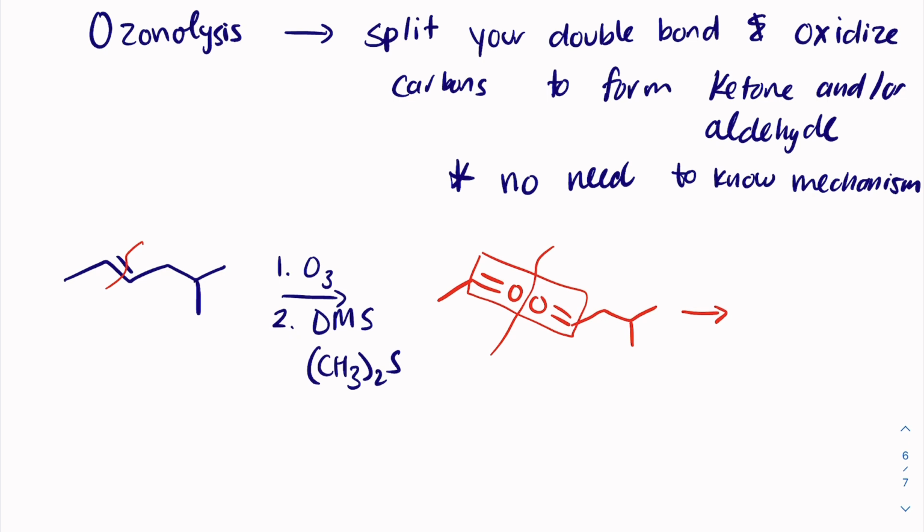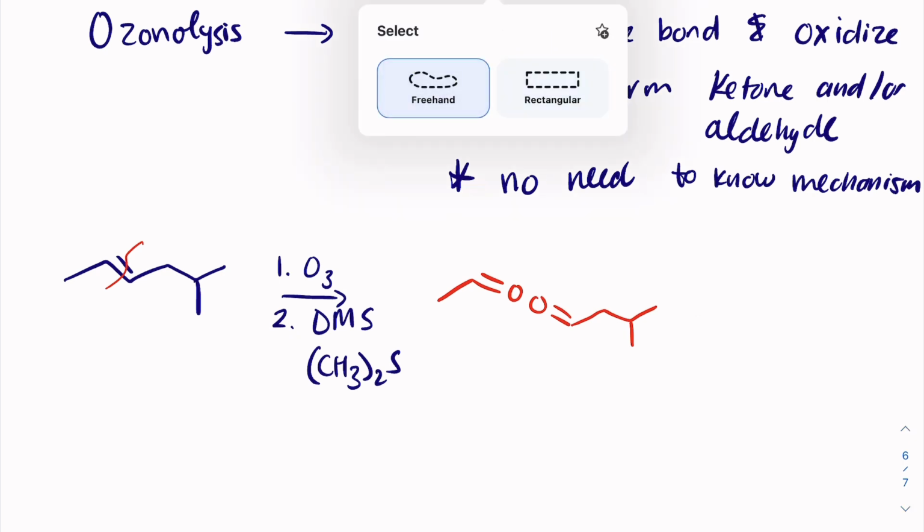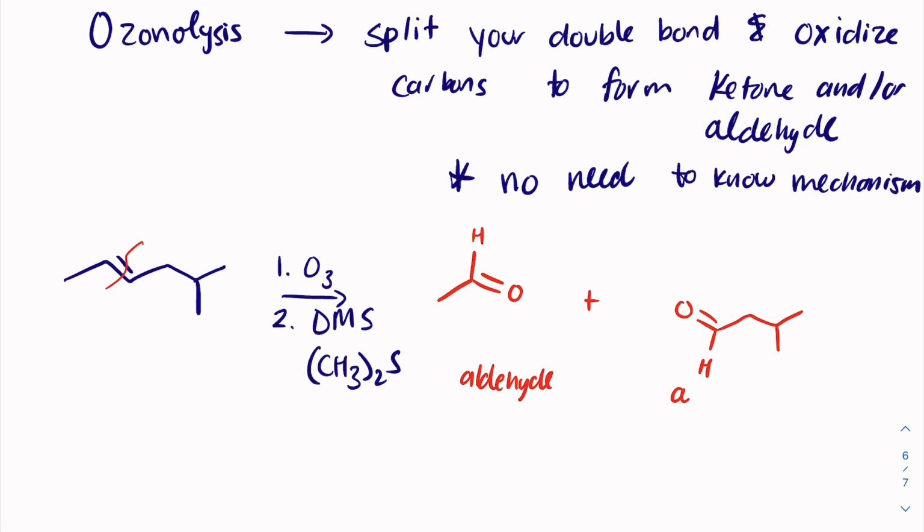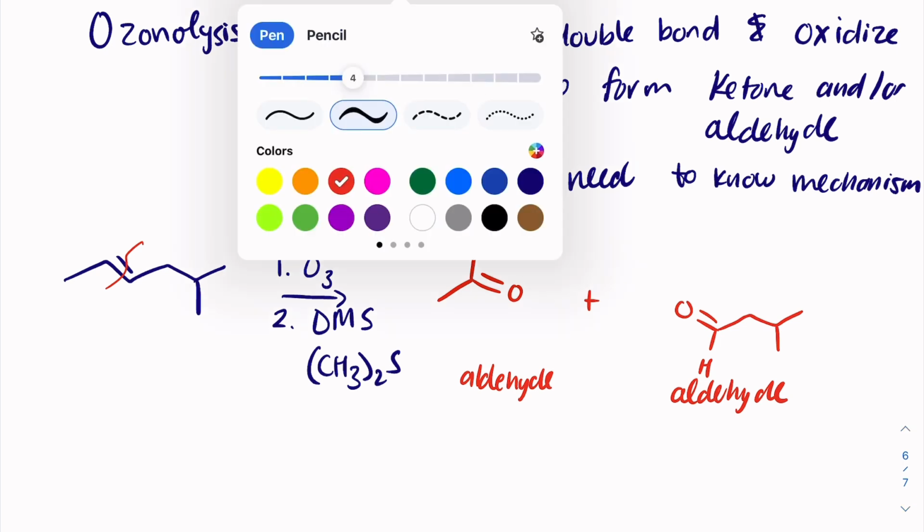So what these two products look like then, and I'm on iPad, so I can easily separate them, would be two separate products. These are both aldehydes. So that is example number one of how to do ozonolysis. So you get an aldehyde, which is common.